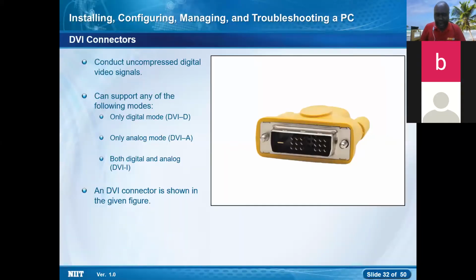Okay, so these are some of the connectors that you are likely to come across, especially for connecting display devices such as monitors and projectors.